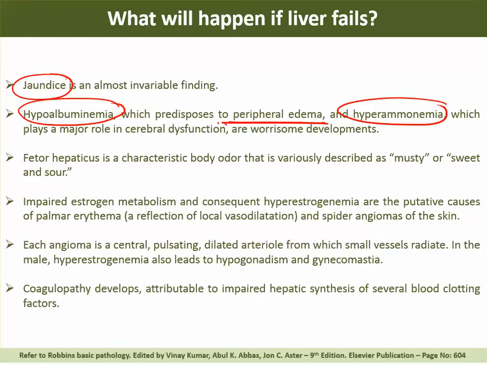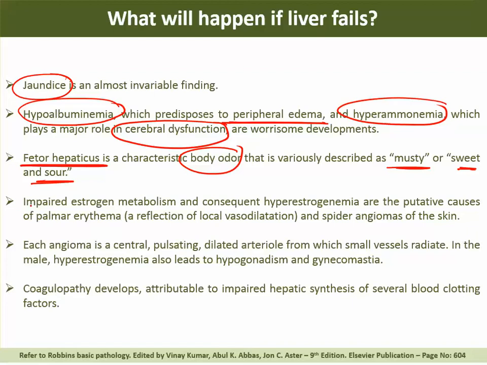That will affect the cerebrum and lead to cerebral dysfunction. The patient will go into coma. That is called hepatic encephalopathy. The body will also have a characteristic musty, sweet or sour smell, called fetor hepaticus, seen in liver failure patients.